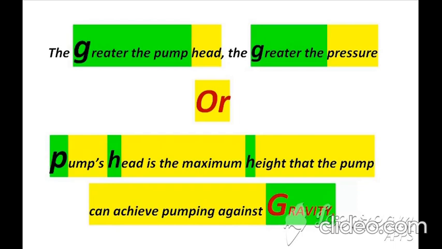If we want to drop a glass of water from a building to the earth, we will not use a pump, as that work will be according to gravity. So whenever we want to work against gravity, we will use an external force.